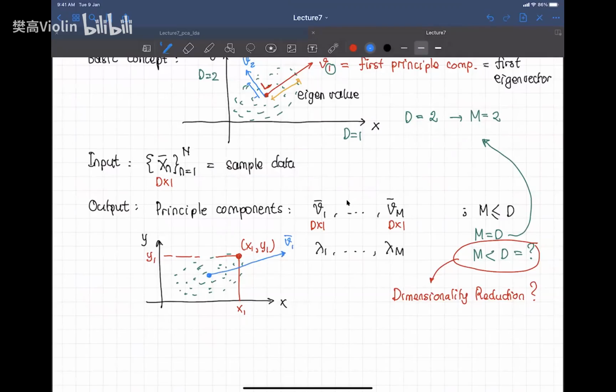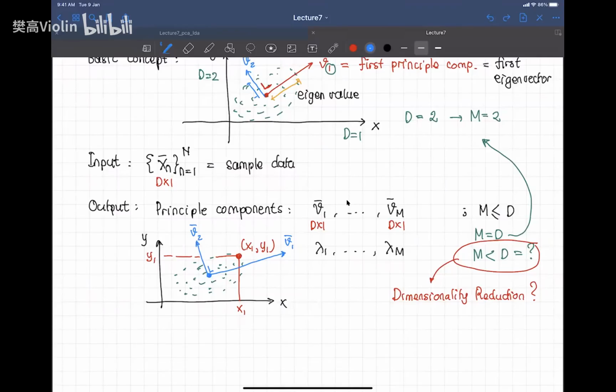Let's have two of them first. With V1 and V2, actually we have another basis, another coordinate system. It's like a new x and y. Of course, we don't really call it x new, y new. We call it V1 and V2.